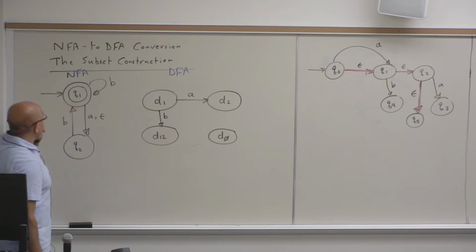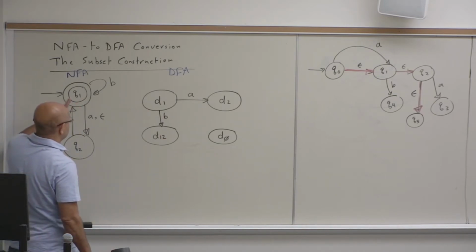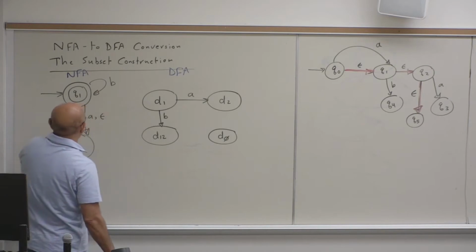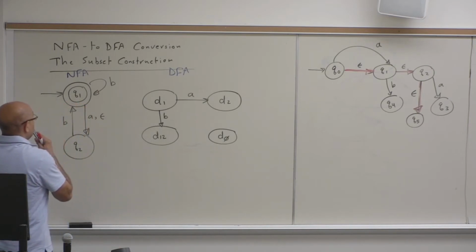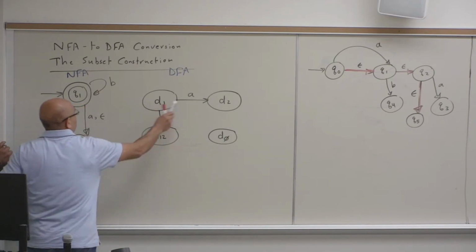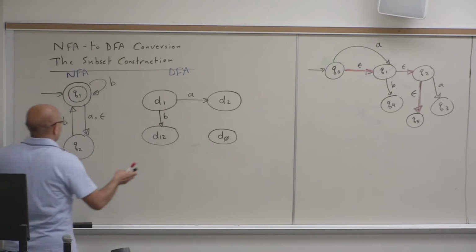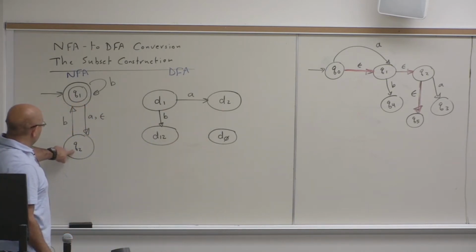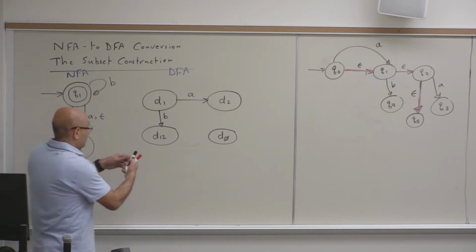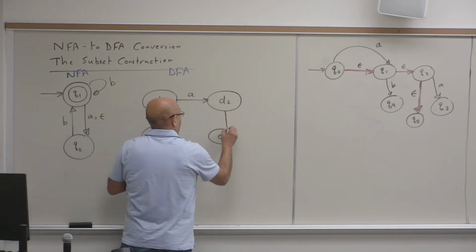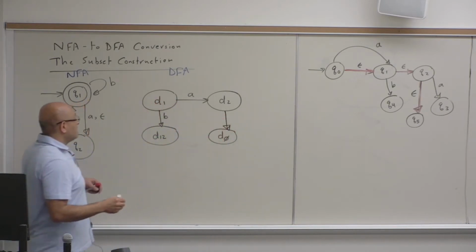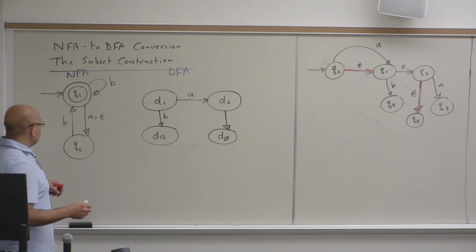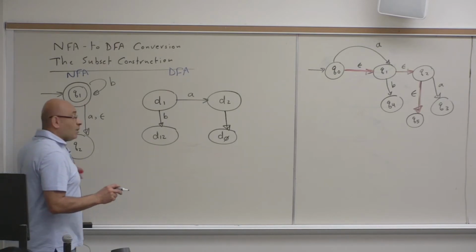So now what I have done so far is, from D1, I have done the transitions for A and B. Then I need to do the same thing for D2. If I'm in Q2 and I get an A, do what? Nothing. You go to the null state, or to the empty set of states. So this is like going to a trap state.